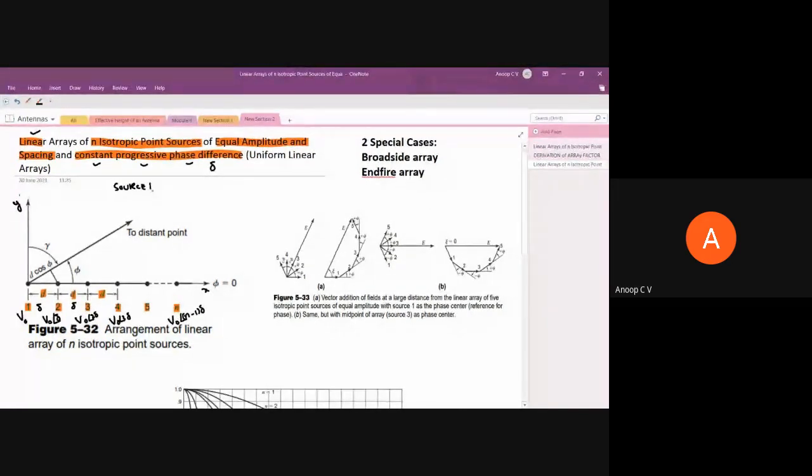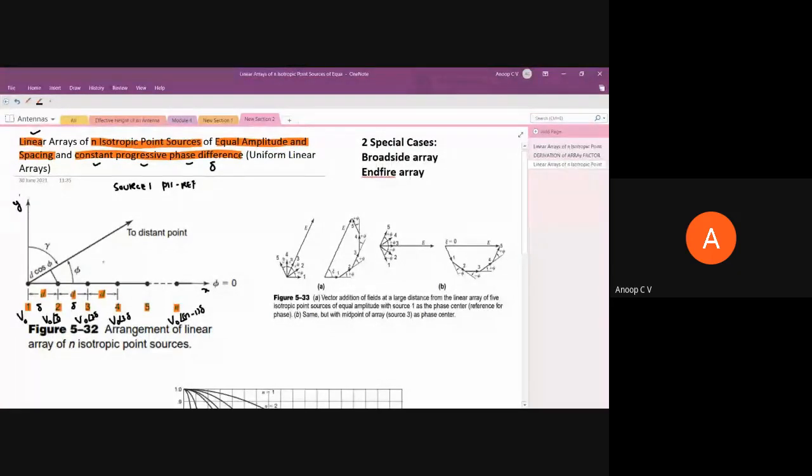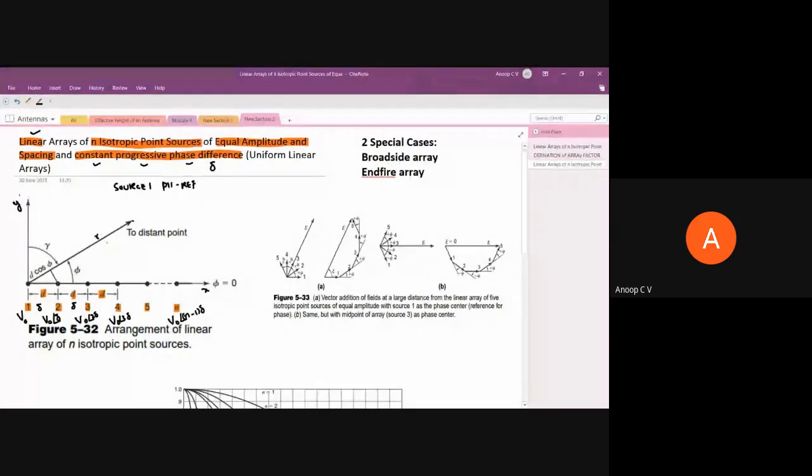If you consider any 2 adjacent sources and are interested in the field at a distance r in direction phi, the path difference between adjacent sources will be d cos phi, as we have shown yesterday.